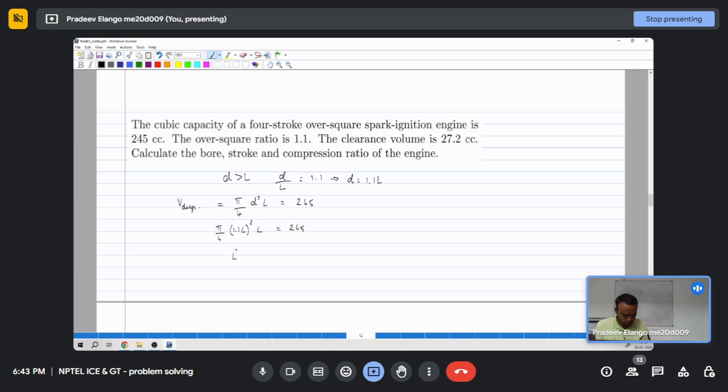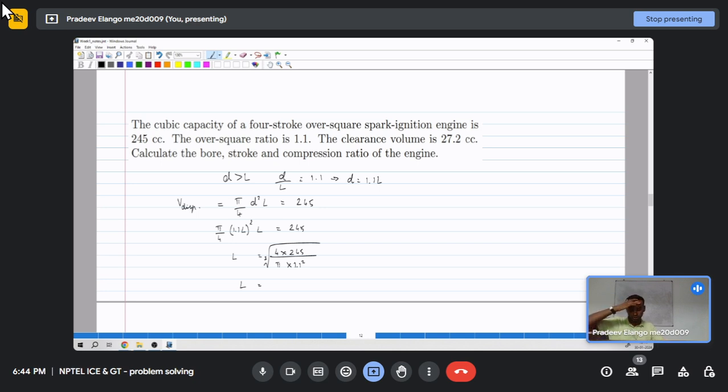So we will have L cube equal to 4 into 245 divided by pi into 1.1 square. So L is the cube root of this. When you calculate the value of L, it is better you always have a scientific calculator with you, it will be very helpful in solving the problems.